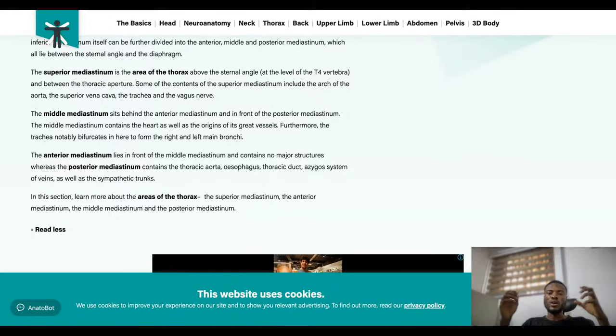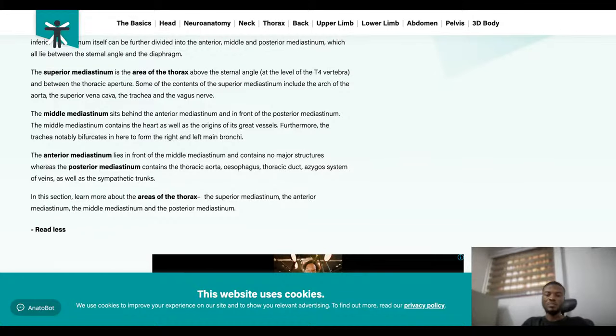So for the superior mediastinum, that is the area of the thorax above the sternal angle. You know the sternal angle. The junction between the sternum body and then the manubrium.